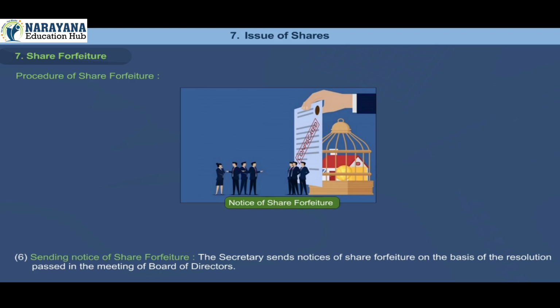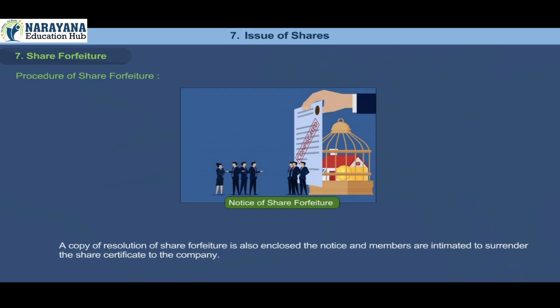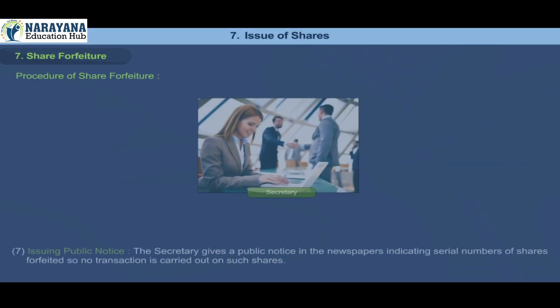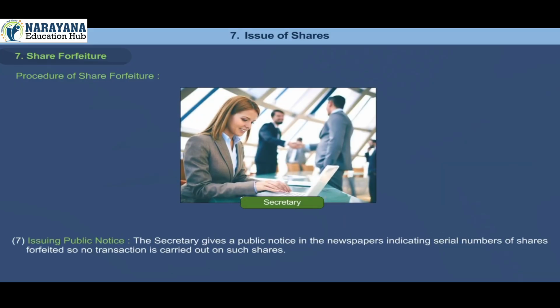6. Sending notice of share forfeiture. The secretary sends notices of share forfeiture on the basis of the resolution passed in the meeting of board of directors. A copy of resolution of share forfeiture is also enclosed with the notice and members are intimated to surrender the share certificate to the company. 7. Issuing public notice.